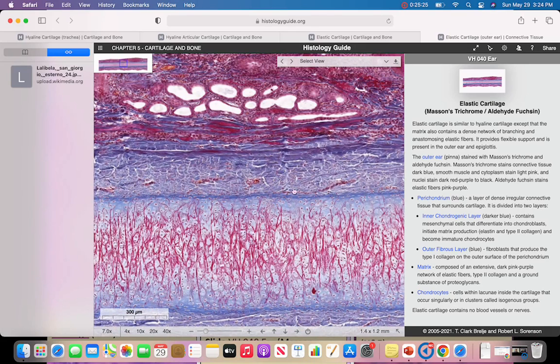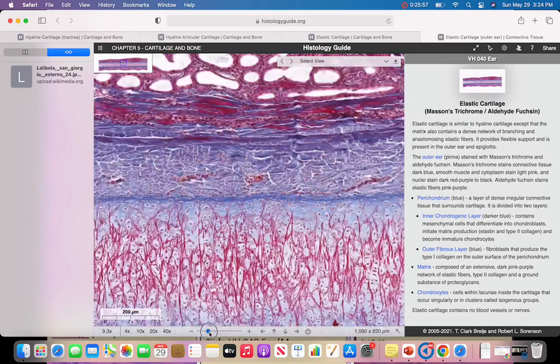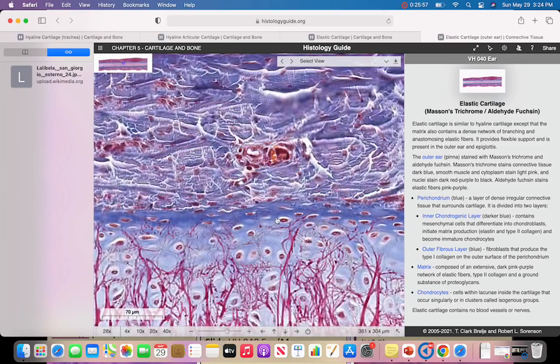So this is the perichondrium. Masson's trichrome stains connective tissues blue. So this is the outer fibrous layer of the perichondrium, and this one is the chondrogenic layer of the perichondrium. Let's zoom in and see the chondroblasts. So these are the chondroblasts, and this is the collagen fiber.